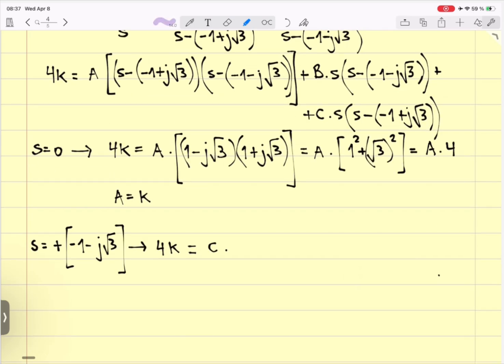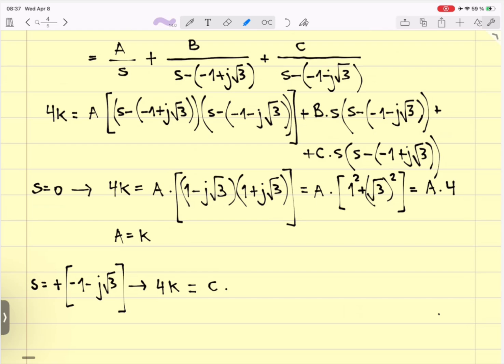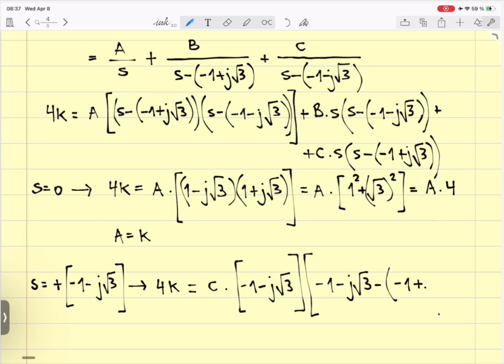So we want this to be 0, and we want this to be 0, so that's why this needs to be a plus. So 4k equals c times (minus 1 minus j square root of 3) times (minus 1 minus j square root of 3 minus 1 plus j square root of 3).